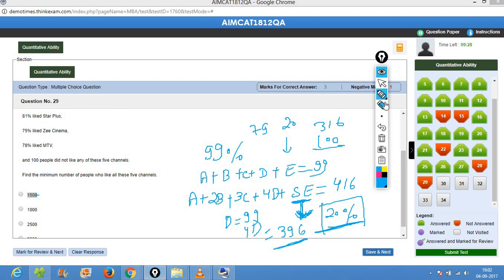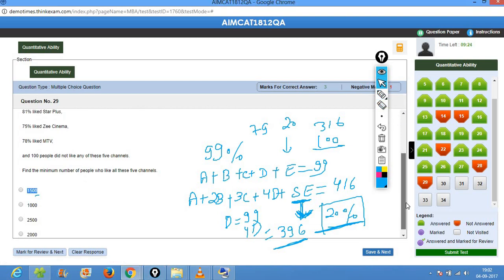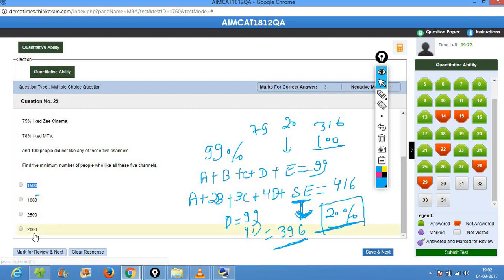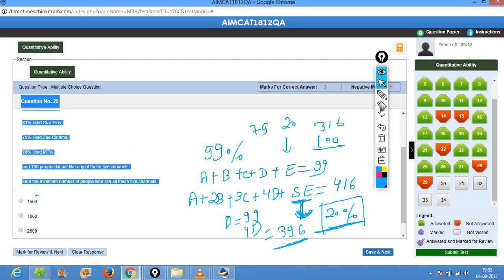20% means 20% of this is 2000. I should have got 6 marks for this question. So Venn diagram one, why are they giving here?